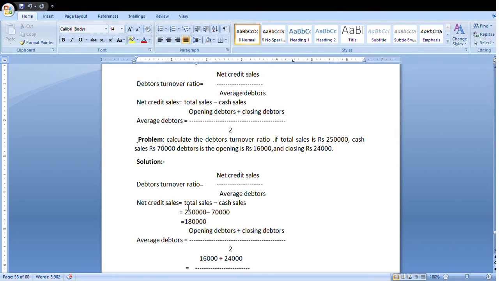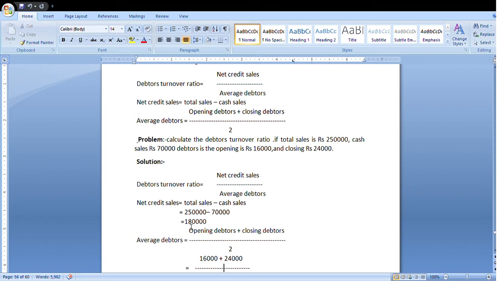Total sales are available in the problem, 2,50,000. Cash sales are also available, 70,000. Net sales is equal to sales minus cash sales, 2,50,000 minus 70,000 is equal to 1,80,000.